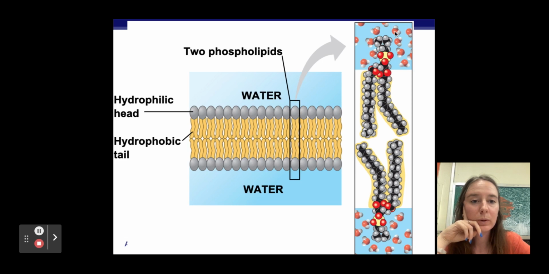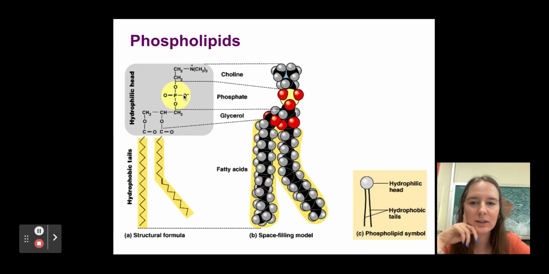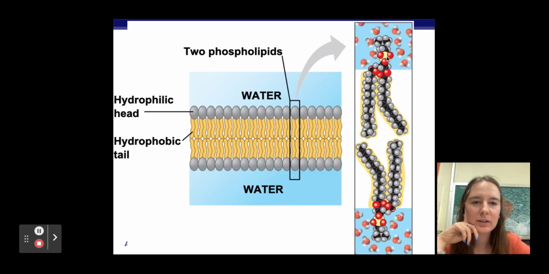Remember, water is polar, so it has a slightly positive and a slightly negative end. And notice right here, this is the phosphorus atom that has the oxygen attached to it. And so this oxygen right here, that's negatively charged, is going to be attracted to these hydrogens in gray. And so they're going to come together like magnets.